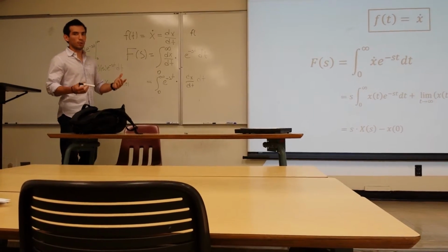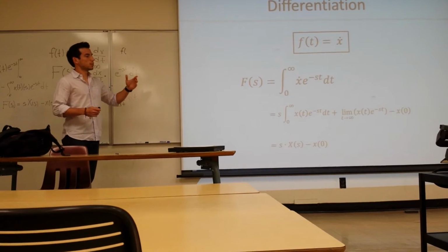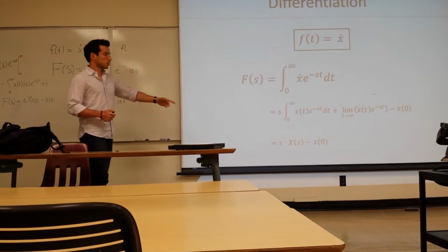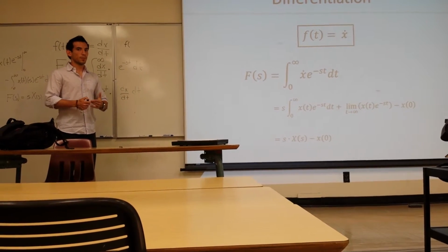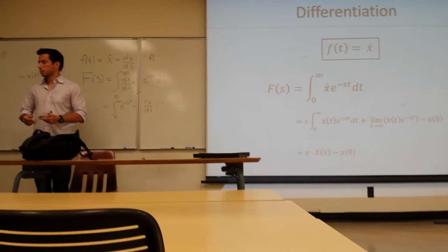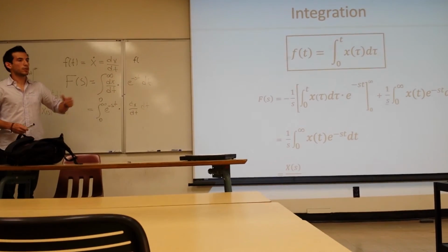So by this, what I wanted to show you is that we can get rid of all this differentiation process and turn it into a simple multiplication operator, which is why sometimes using the Laplace transform might be a good idea. For the next example, taking the integration.